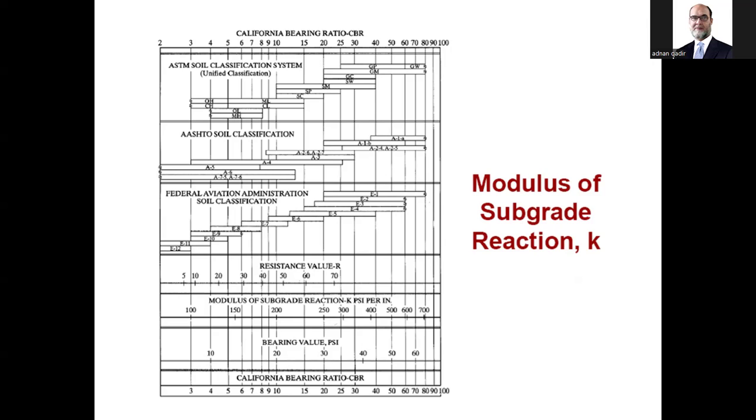And with the soil classification, you can know the CBR value. For instance, if I come up with this A4 soil and draw the perpendicular, it is 3. And for this A4 soil, it is between 3 to 25.